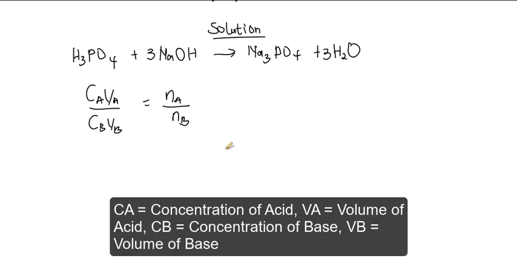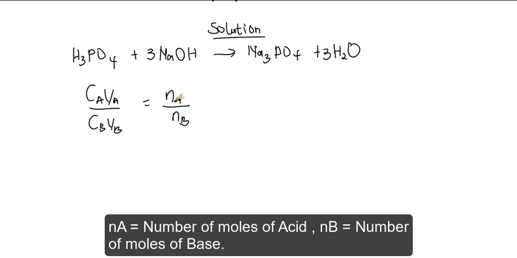We can also say the molarity of the acid. Va is the volume of the acid. Cb is the concentration of the base. Vb is the volume of the base used, while Na is the number of moles of acid and Nb is the number of moles of base. Our Na and Nb is usually gotten from the equation.